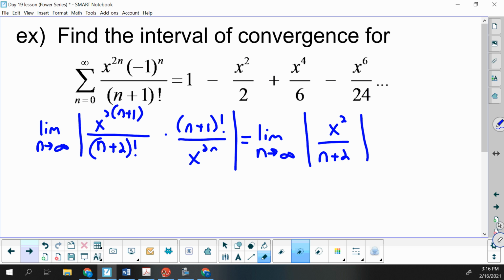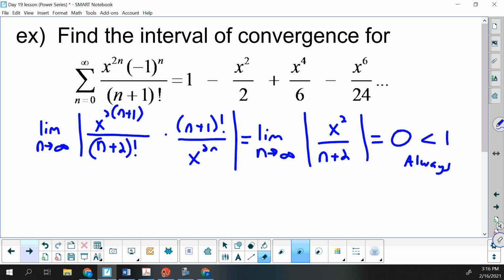n is only on the bottom, so when n goes to infinity, the denominator is going to get huge, this will approach 0. And this, therefore, will be always less than 1. Most times you'll have something that has an x in it, so it'll be like that first case we did where you've got to write the two-part inequality and check the endpoints.